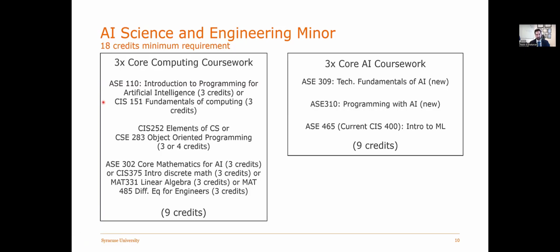We're also allowing credit for our standard intro to programming courses that computer scientists may take. And the idea here, though, with ASE 110, which is why we're developing the special course, is we want to focus initial programming skills geared toward the use of AI tools.